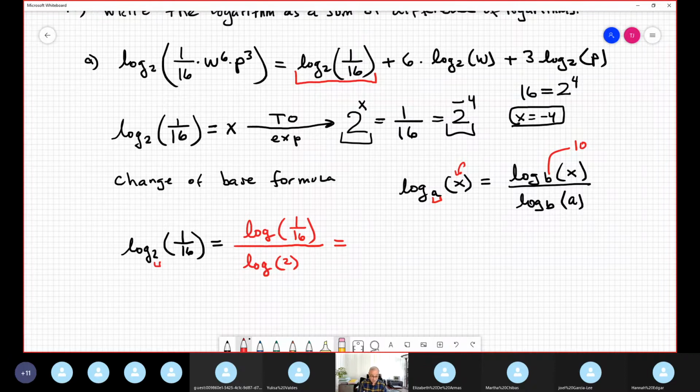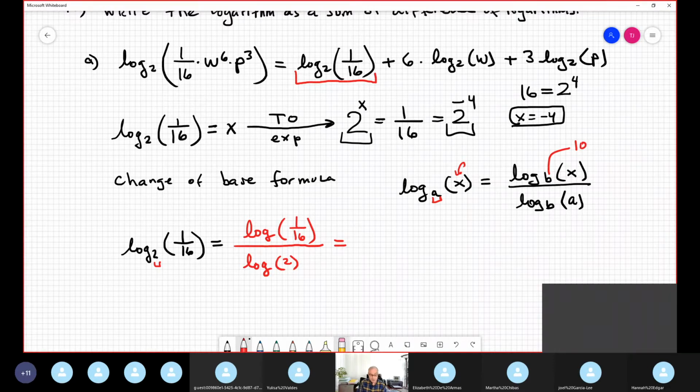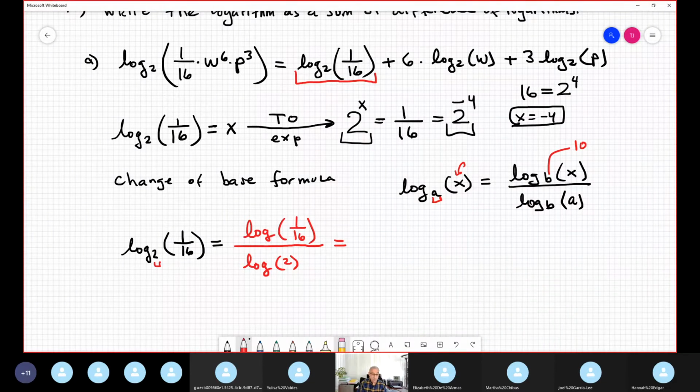I put it in my calculator. Try to do it in your own calculator, guys. LOG 1/16 divided by LOG 2, and the answer is -4. Very well.